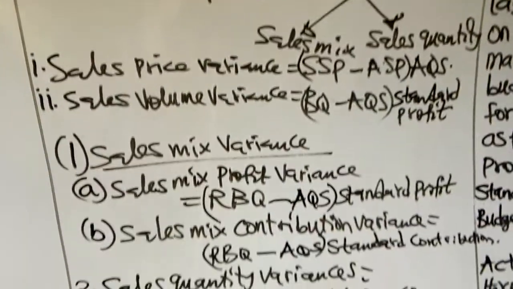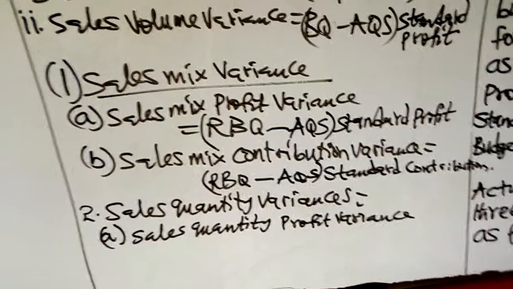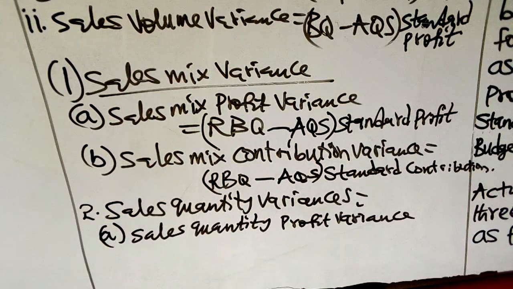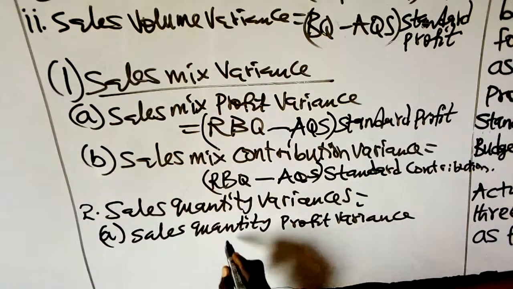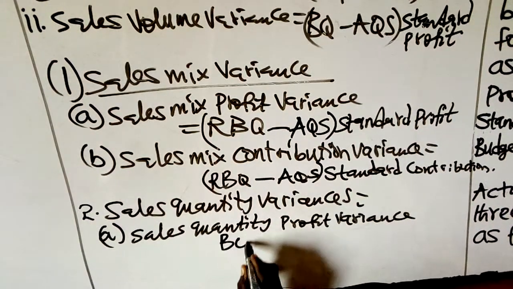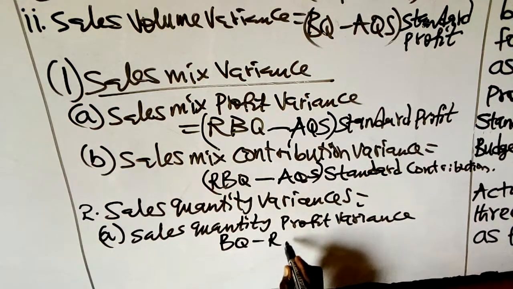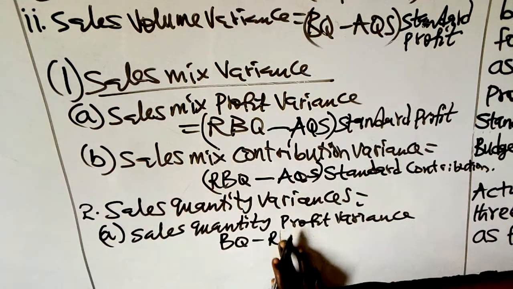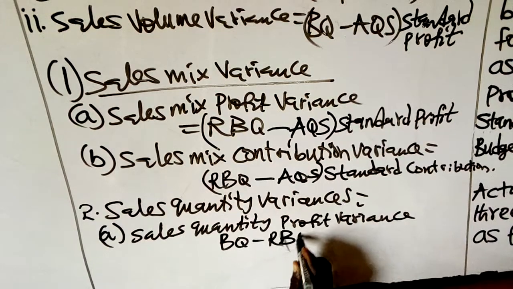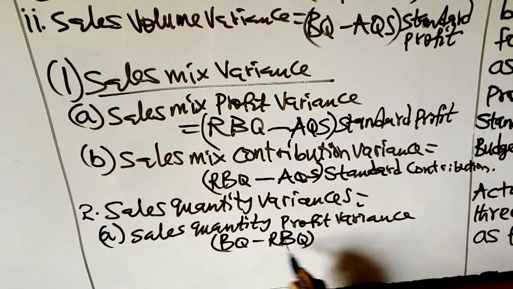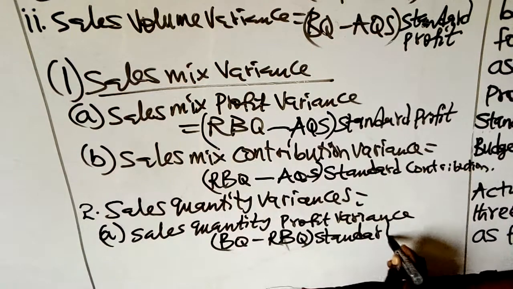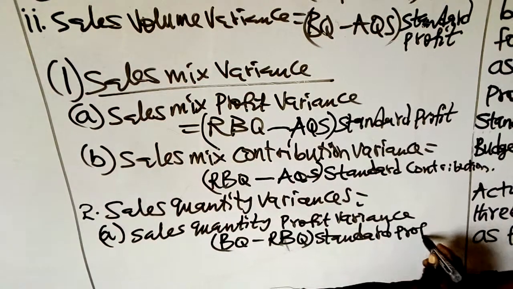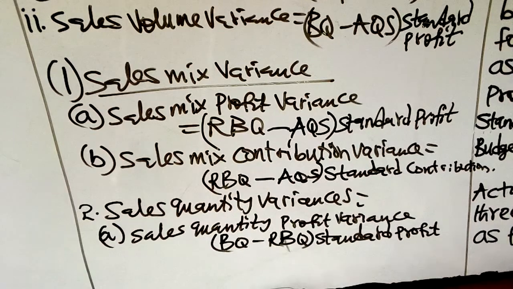So the formula becomes sales quantity profit variance equals budgeted quantity minus revised budgeted quantity multiplied by standard profit. That is under absorption costing.